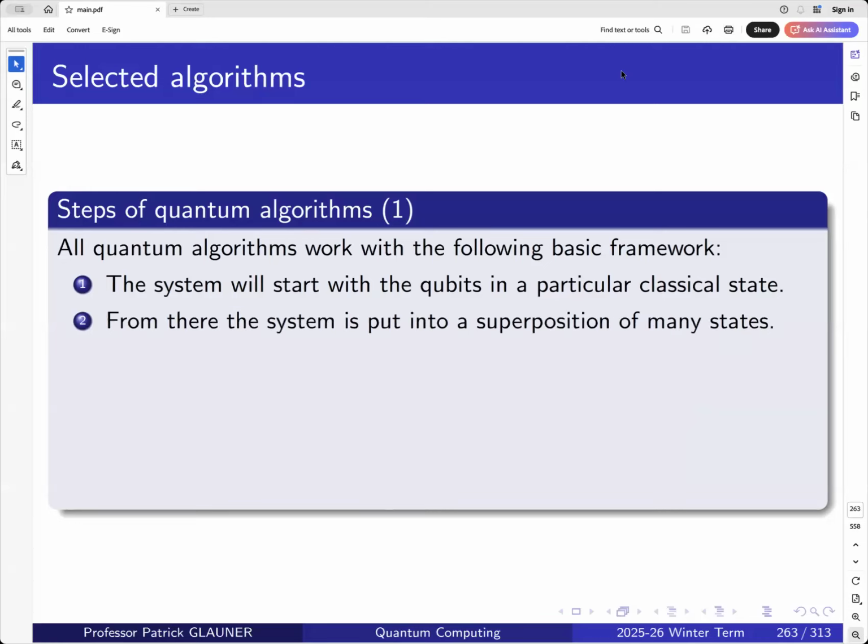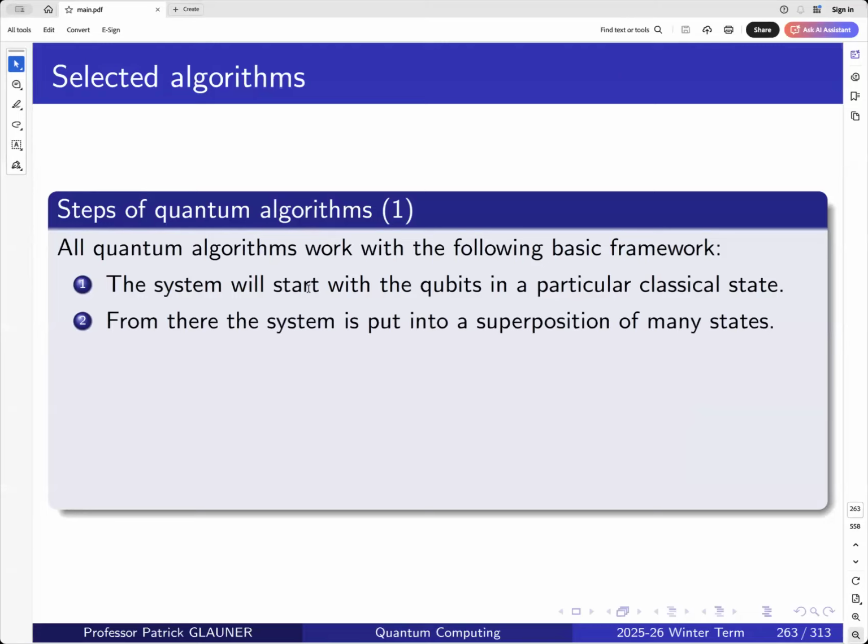And in the next step, we need to put some of these qubits or all of them into some superposition of many states. Because we need superpositions actually to speed up, to use superposition as a parallelization.